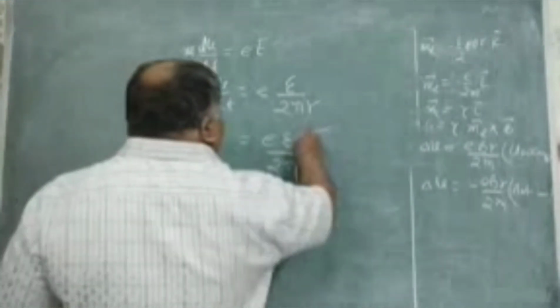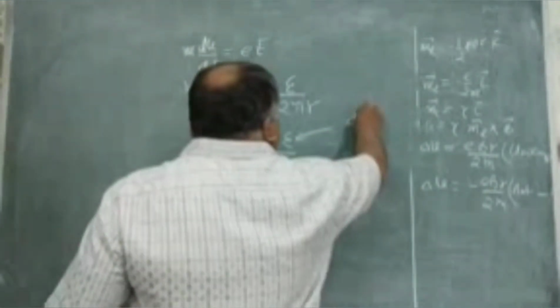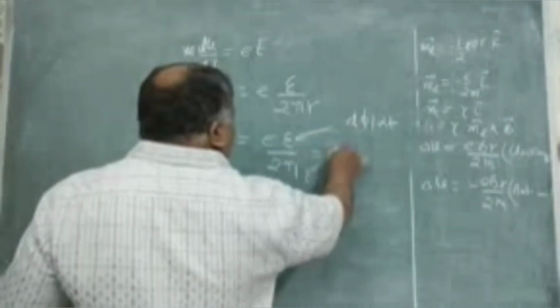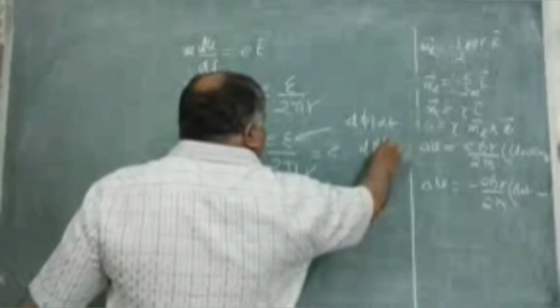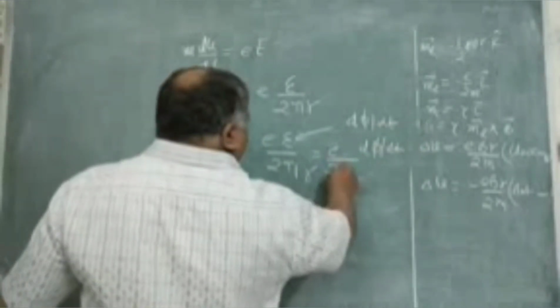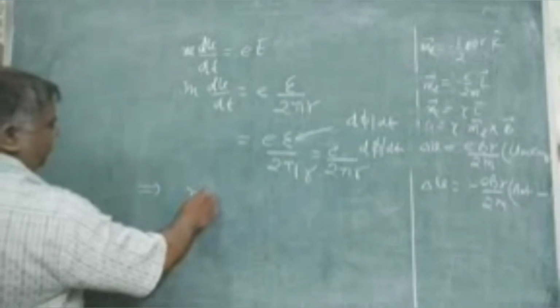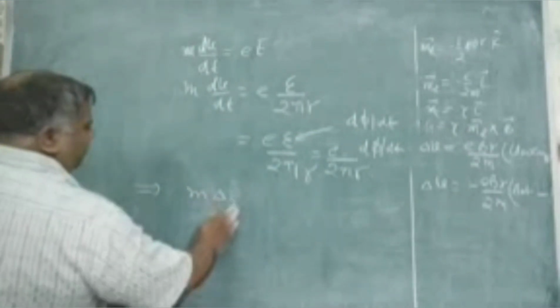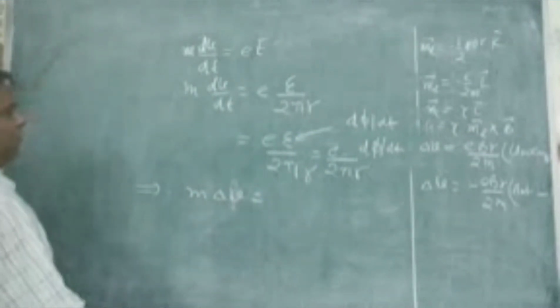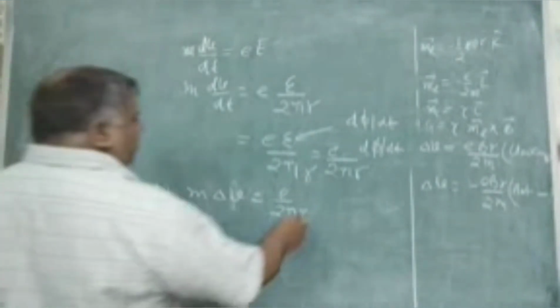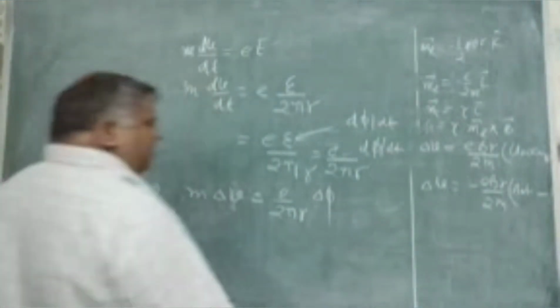Let's change it to d phi over dt. This implies m dv equal to e delta phi over 2 pi r.